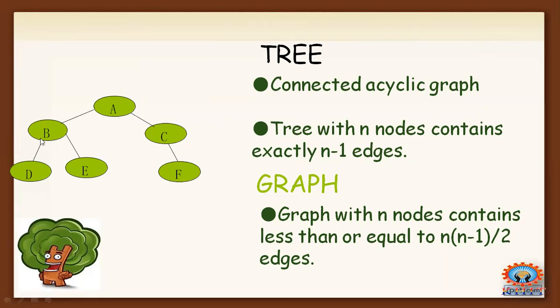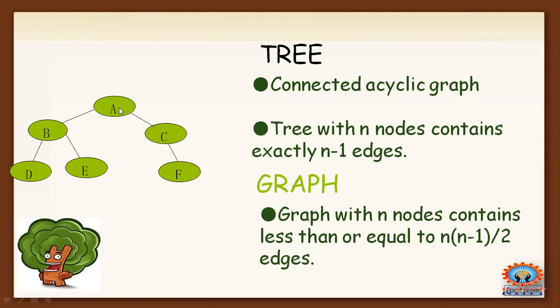Here A, B, C, D, E, F are considered as nodes or vertices of the tree. So the tree is a connected acyclic graph.